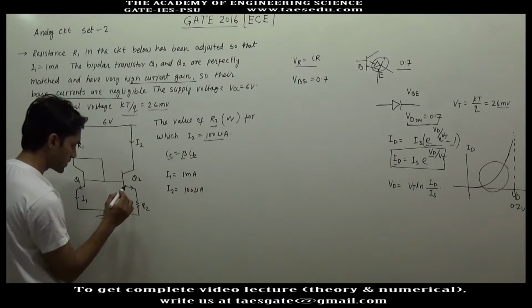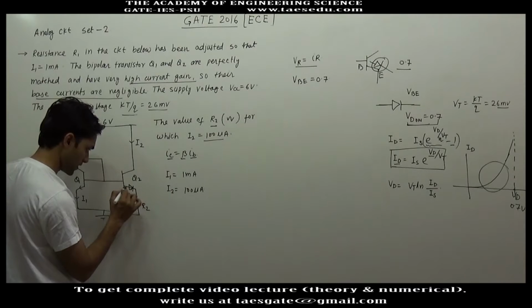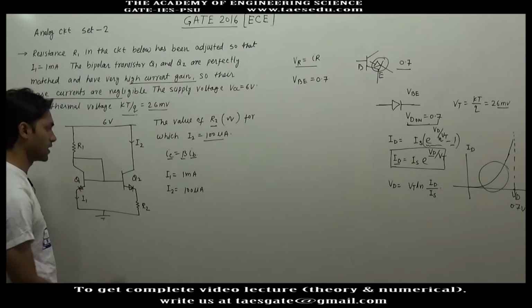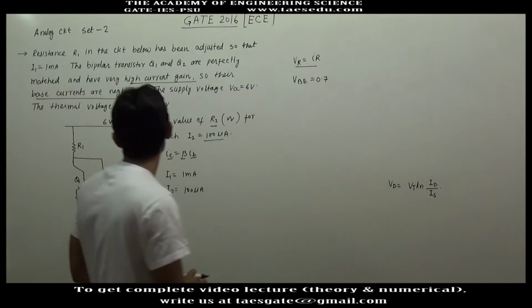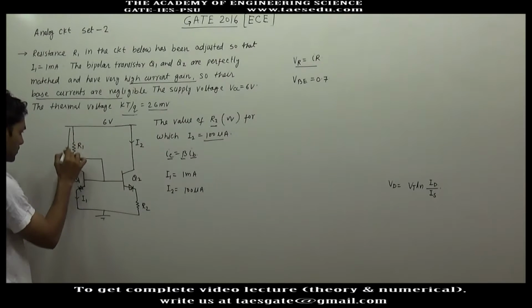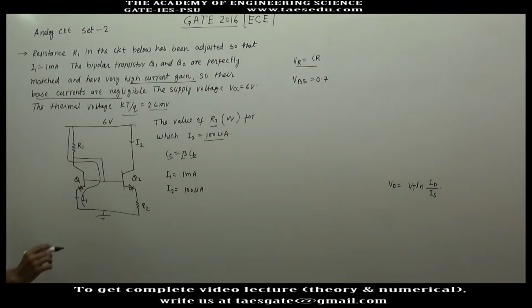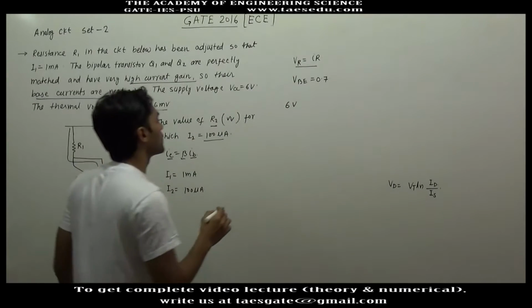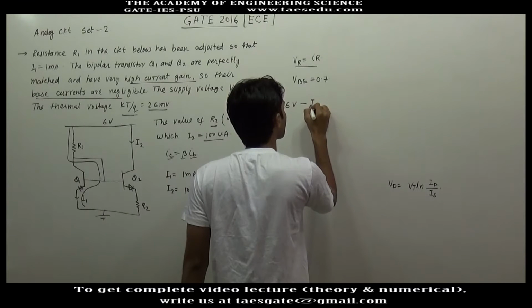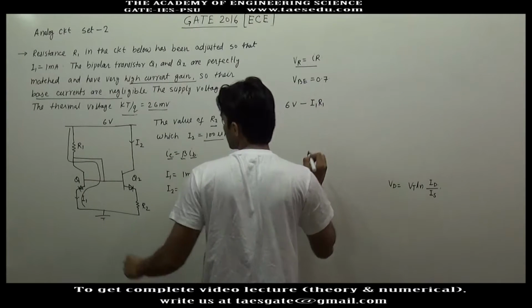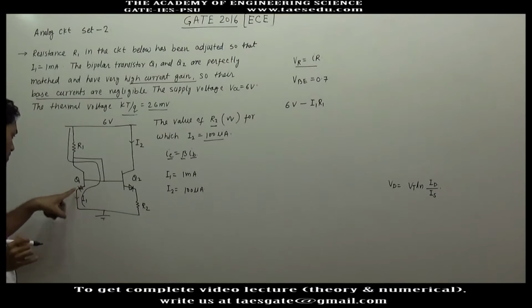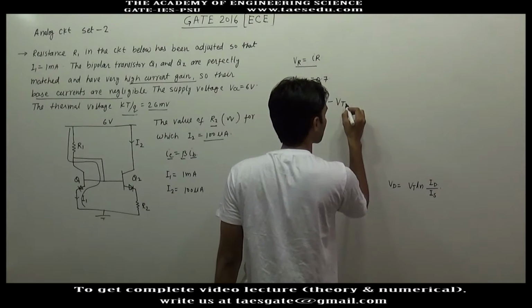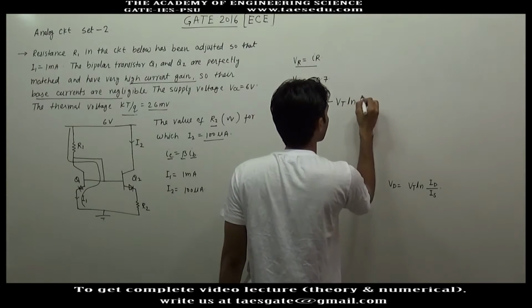In this NPN transistor we can assume that a forward biased diode is connected. Applying KVL in this loop, 6 volt will be equal to the voltage drop across resistance R1, and since the current through R1 is I1, that is I1 R1, plus the diode voltage drop Vd equal to VT ln I1 divided by IS.